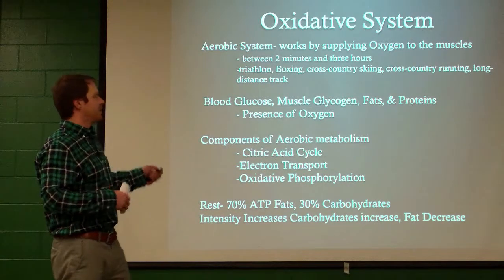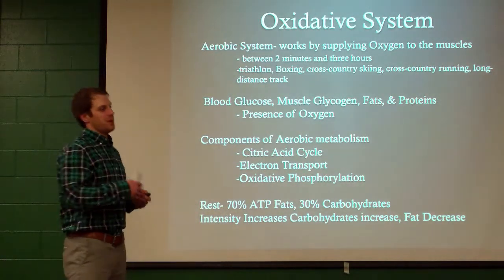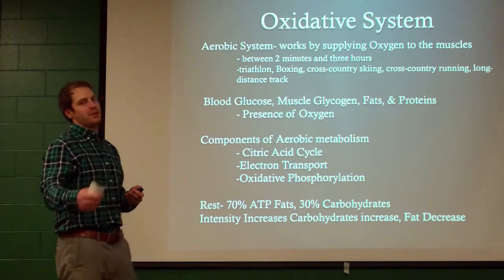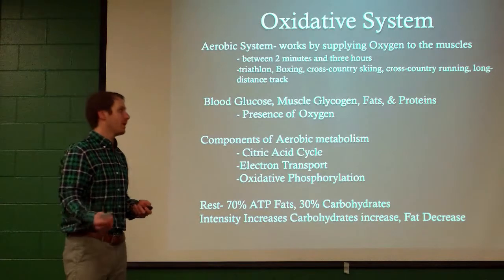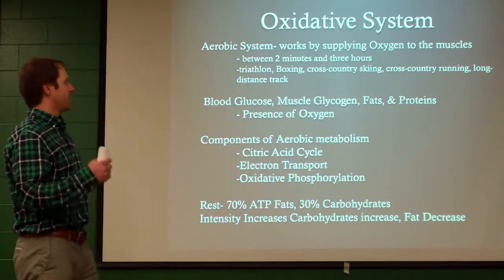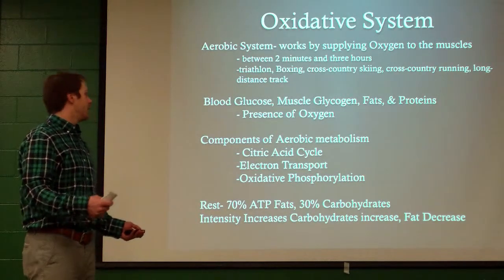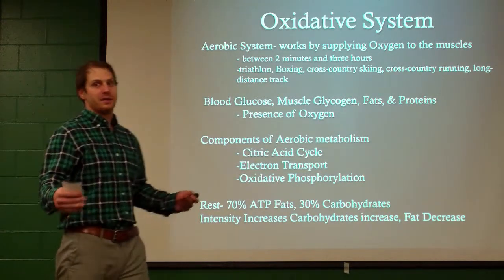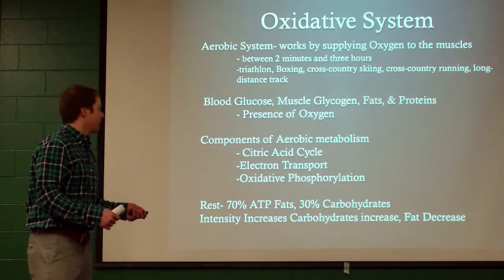And that again is the body's ability to continuously produce ATP because it constantly needs ATP for energy. The aerobic system works by supplying oxygen to the muscles, usually between 2 minutes and 3 hours. So there is a broad duration for the oxidative system.